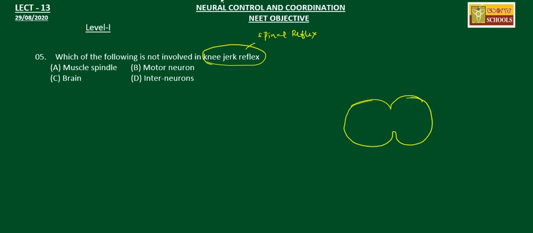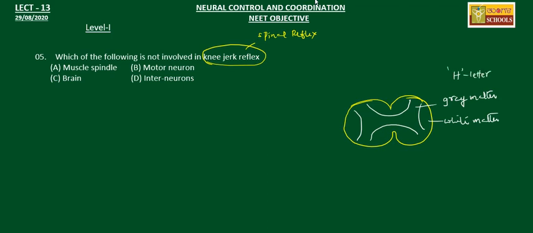In this the gray matter will be in the shape of the letter H. This is gray matter, and this is white matter.